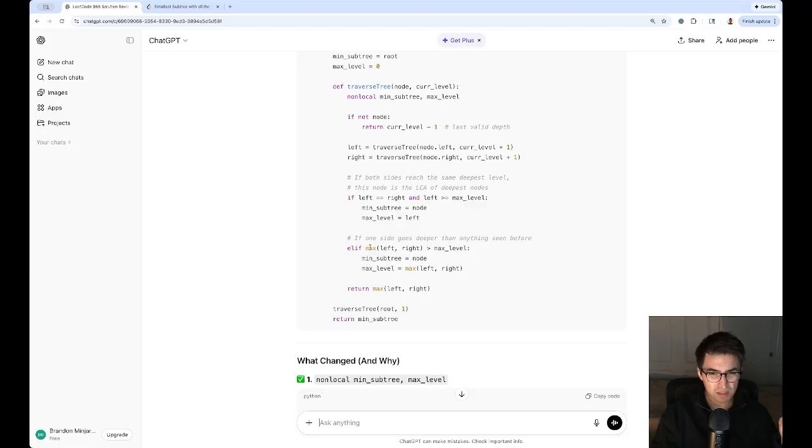Else if the max is greater than the max level, and not if left equals right, so that'll run first. If it's strictly greater, min subtree equals that node, max level equals the max between those.